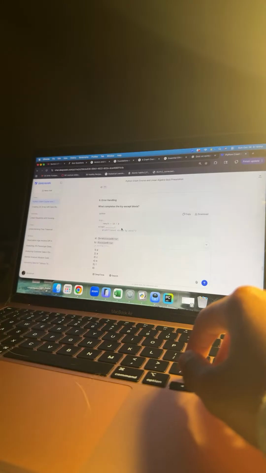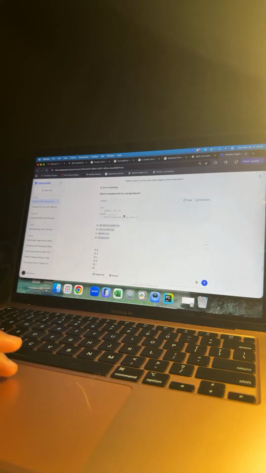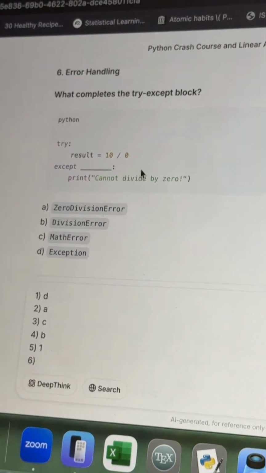Error handling. What completes the try except block? Okay. So 10 divided by 0. Let me zoom in on this, y'all, just so you guys can get a better understanding of what's going on.